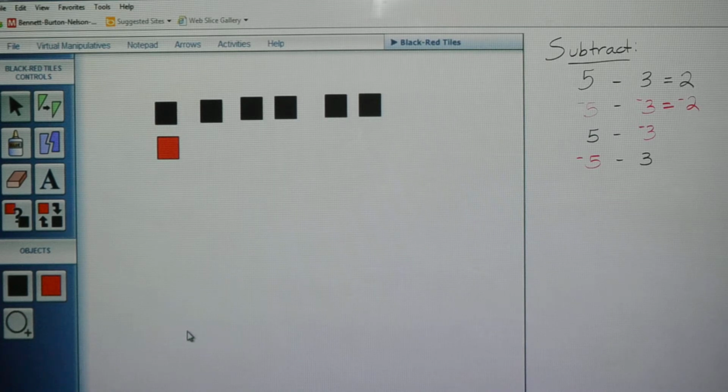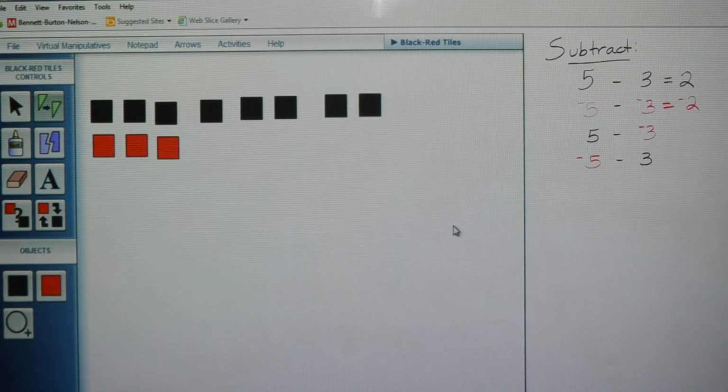So now I've got 1 red tile up there. I'm just going to do that again until I have however many red tiles I need. So let's make a copy of that, and let's make another copy of it. Right. I now have 3 red tiles.